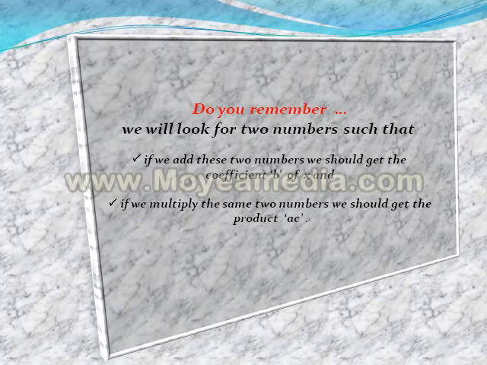That is the special wanted pair of numbers that has to satisfy these two conditions. That is in fact the hardest part of the factorization of a quadratic expression. Once you somehow figure out this pair of numbers, you have done almost 50% of the work.